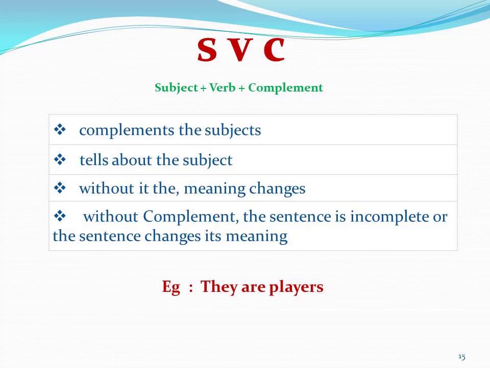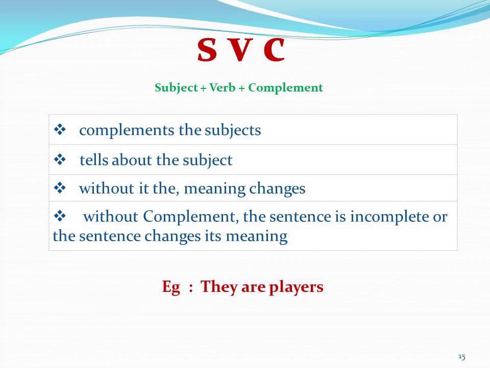First, we see the SVC pattern, that is subject plus verb plus complement. Here, it complements the subject, that is, it tells something about the subject. Without it, the meaning changes. Without the complement, the sentence is incomplete or changes its meaning. See the example: They are players.